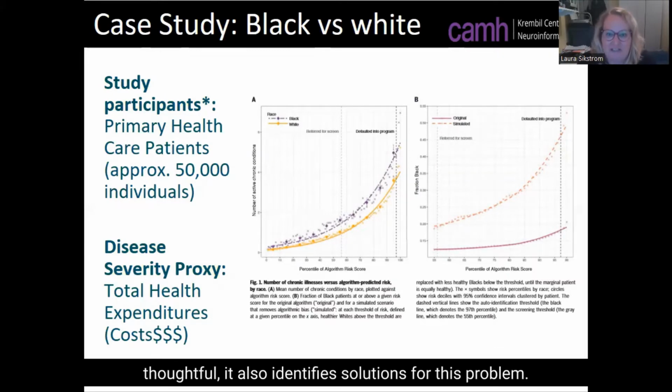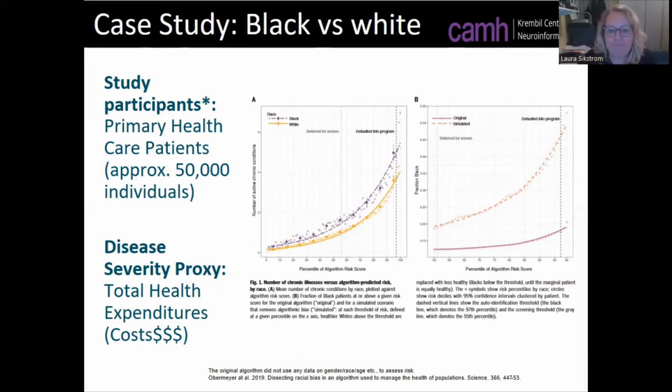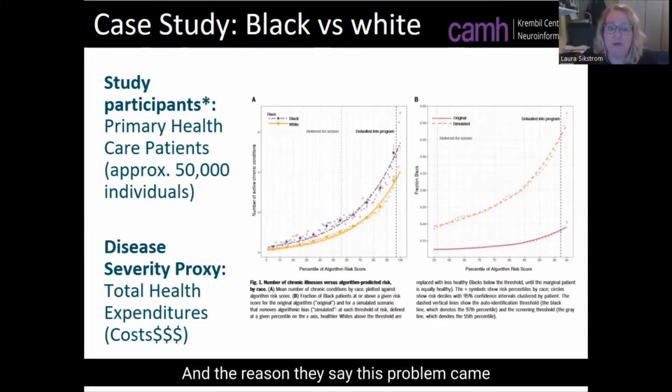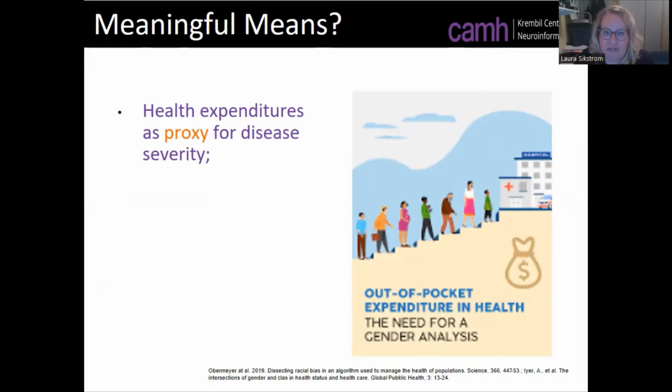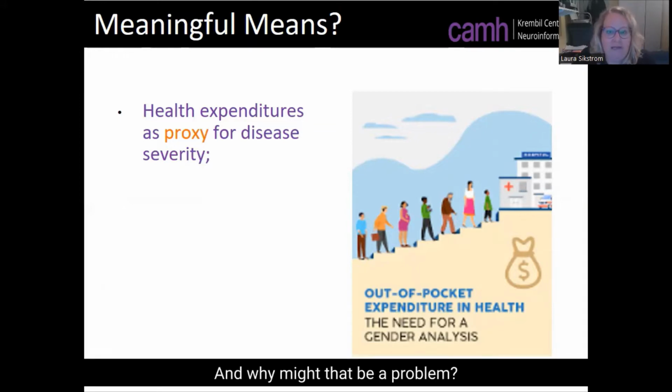It also identifies solutions for this problem. And the reason they say this problem came about, and I would agree with them, is that one of the issues was that they used health expenditures as a proxy for disease severity. And why might that be a problem?